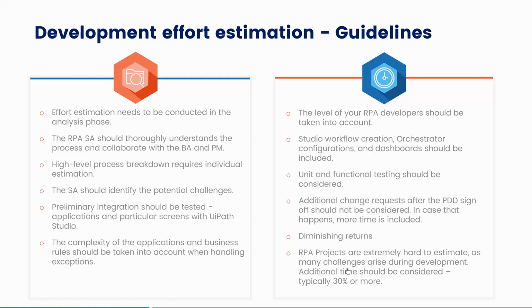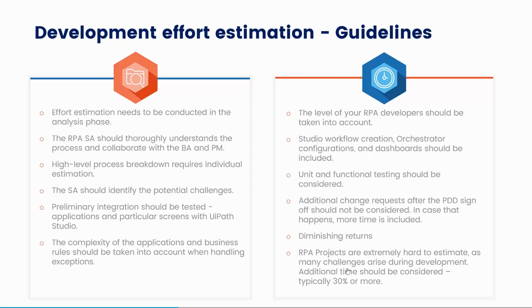Additional changes requested after the PDD sign-off should not be considered in the original effort estimation. Rather, in case such requests are made, additional time should be added. Also, for larger processes, multiple developers would likely work on the same project, and as the headcount increases, there may be reduced efficiency in using everyone, so some level of diminishing returns should be assumed.